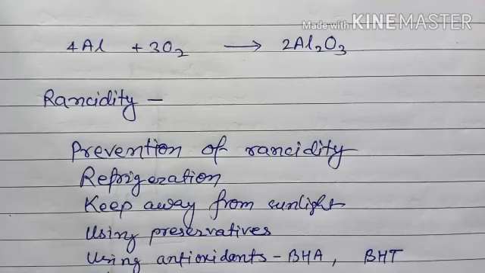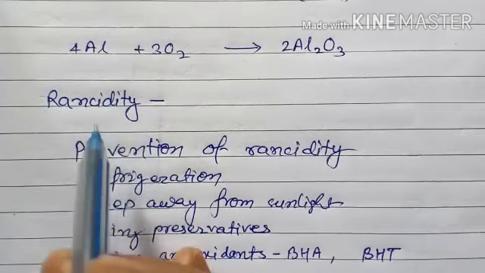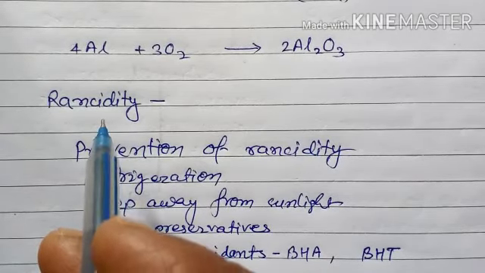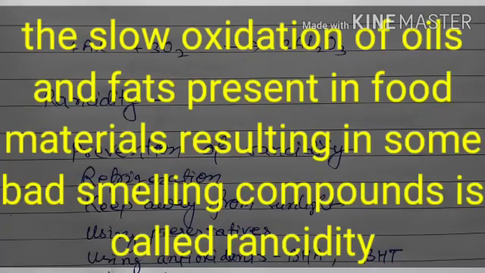And students, now we'll discuss rancidity, and we'll define this as the slow oxidation of oils and fats present in food material resulting in some bad smelling compounds.